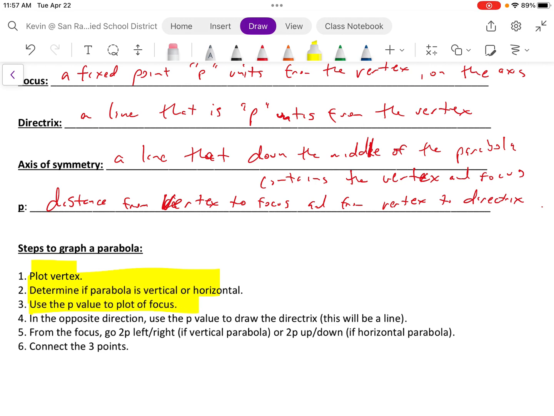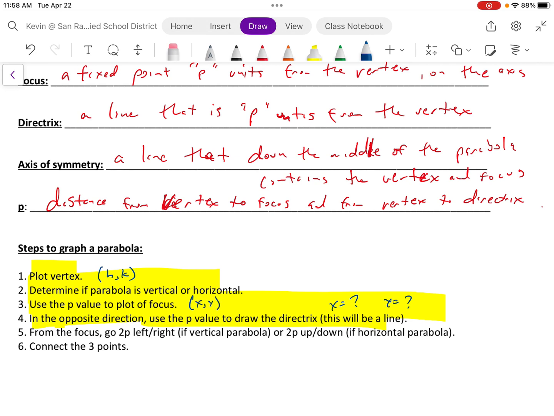I keep saying center, but it's the vertex. Okay, real quick, steps to graph a parabola. These are helpful. Plot the vertex, determine if it's vertical or horizontal. Use the p-value to plot the focus. In the opposite direction, use the p-value to draw the directrix. Again, this is a line. The directrix should always be either x equals some value or y equals some value.